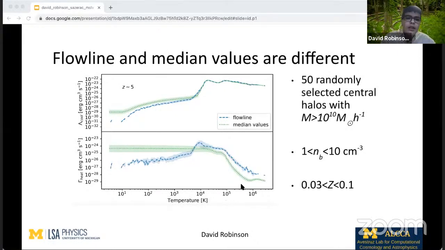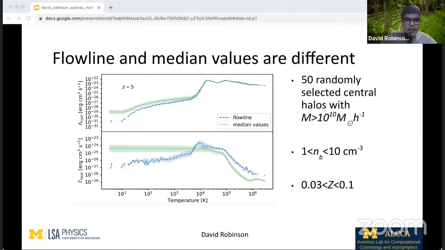And then the shaded regions are showing the 25th to 75th percentile spread. And so for flow line, that's the 25th to 75th percentile of the rates in each bin. Whereas for median values, we're actually showing the range from looking at the 25th percentile of each parameter rather than the median to the 75th percentile of each parameter.